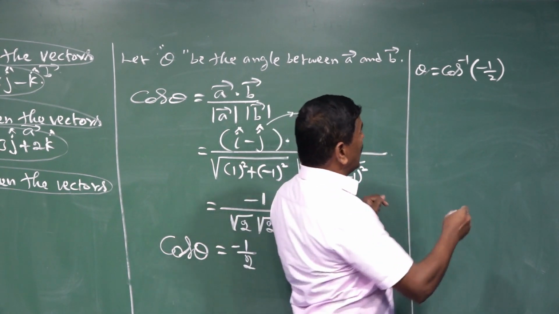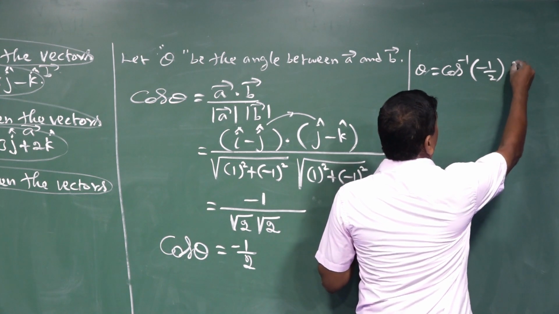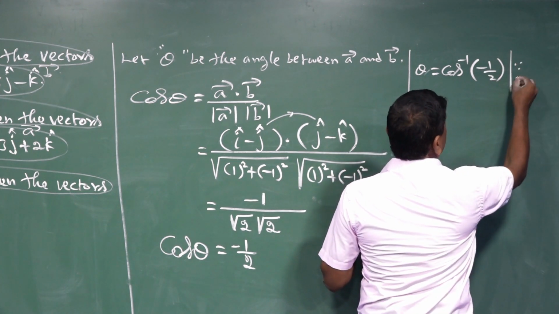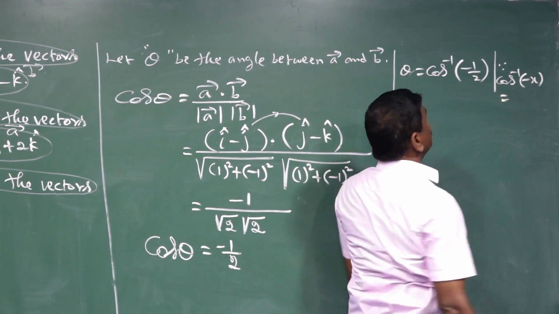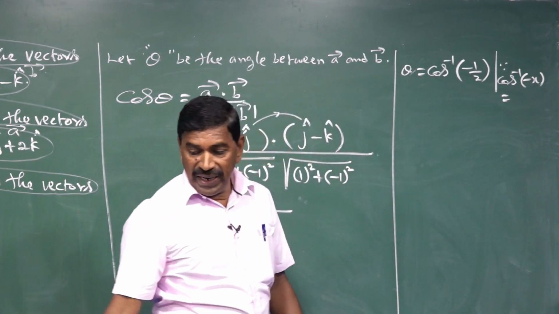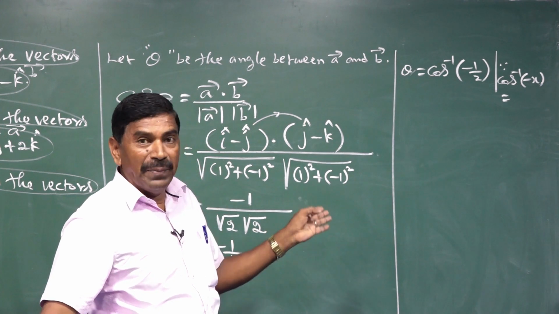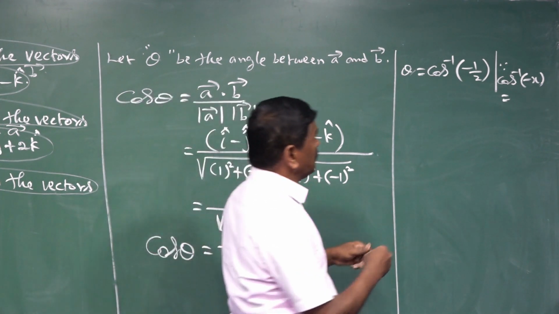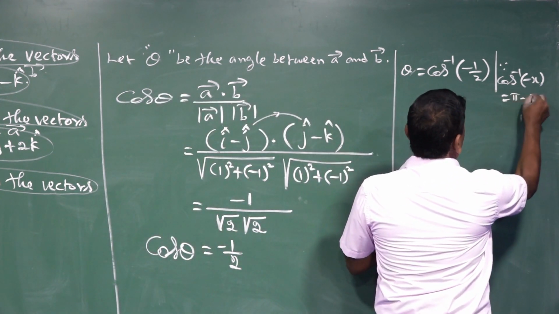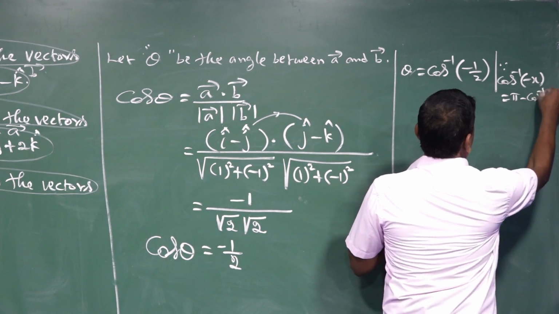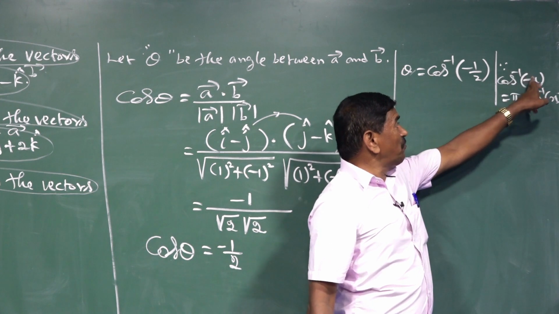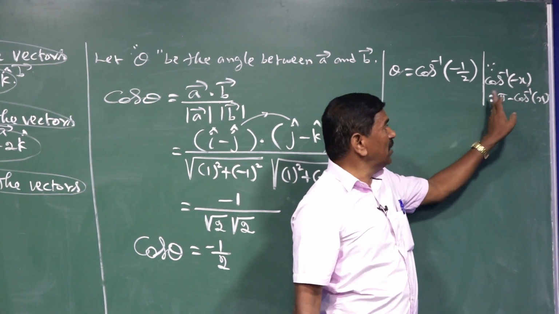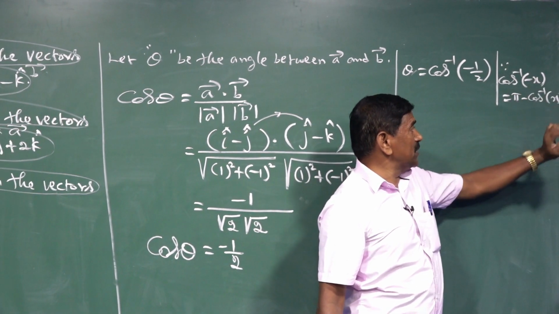From trigonometry, to solve this sum we have the formula: cos inverse of minus x equals pi minus cos inverse of x. So pi minus cos inverse of x is the formula.